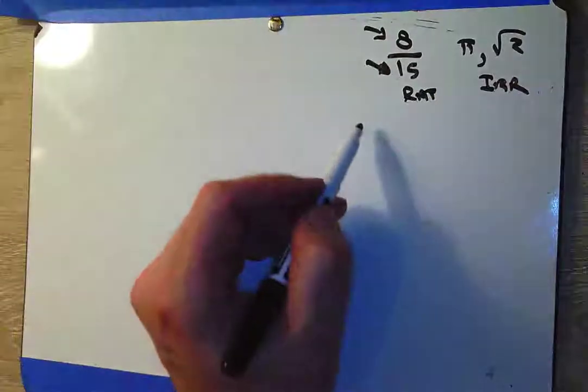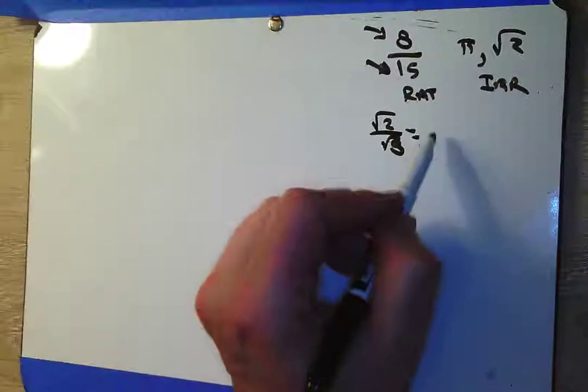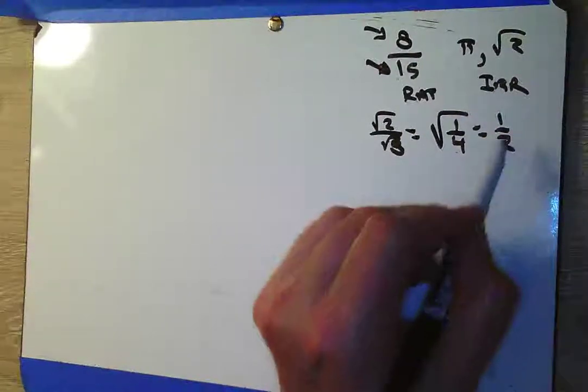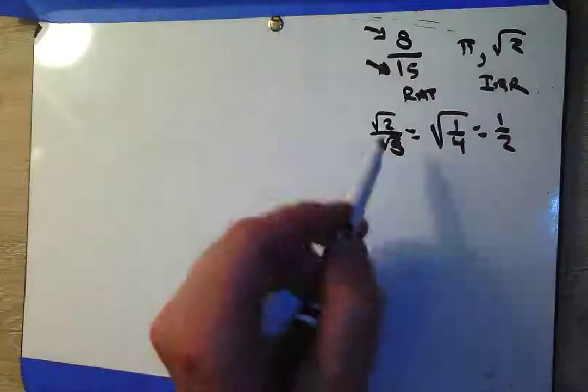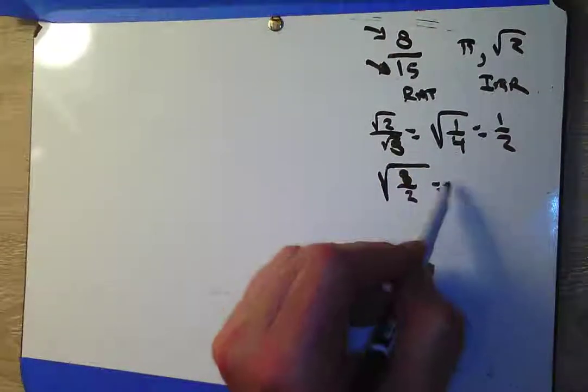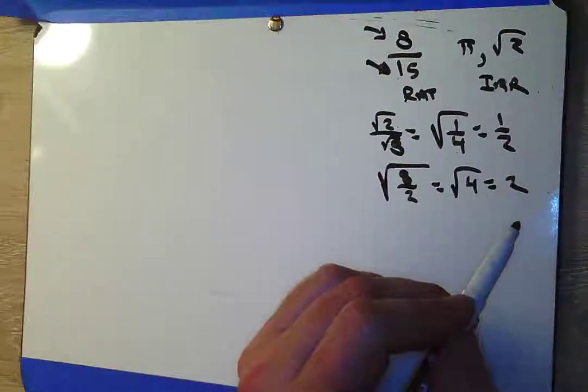Okay, so if I look at the square root of 2 over the square root of 8, that's the square root of 1/4 or 1/2. That's rational. If I look at square root of 8 over 2, that's square root of 4, that's 2, that's rational.